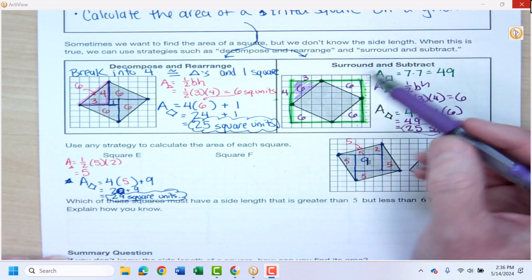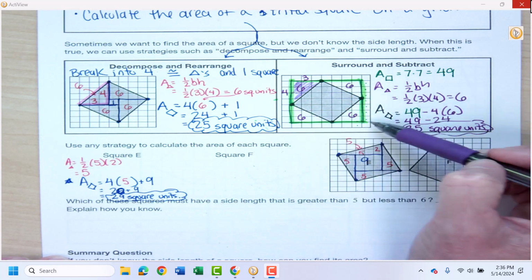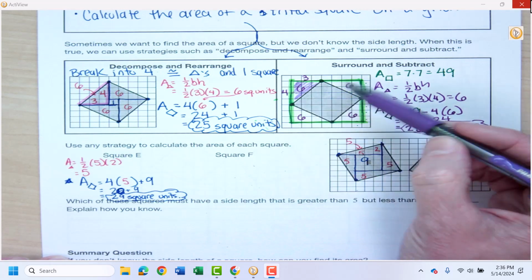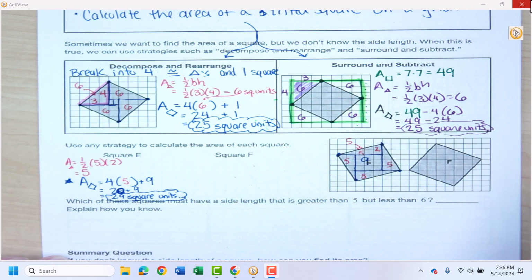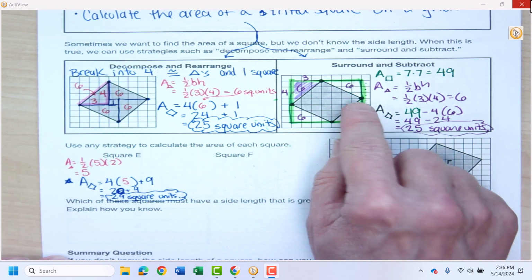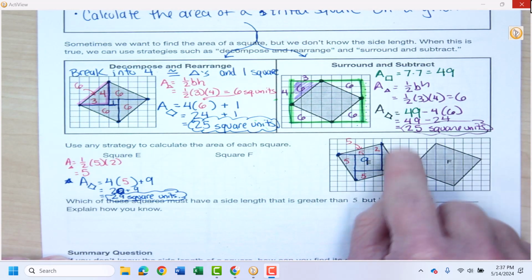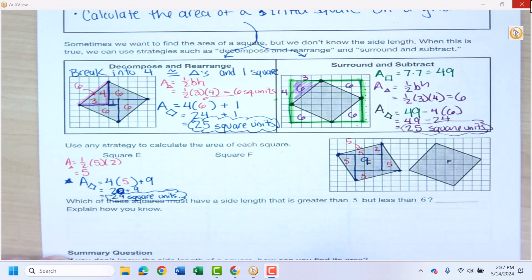So again, we surrounded this square with one that was sitting on the bottom, and then just cut off all of those congruent triangles. One more time, why don't you go ahead and, if you feel comfortable with this, try it with twisted square F. Surround it, find the area of the triangles that you're cutting off, and you'll be able to find the area.